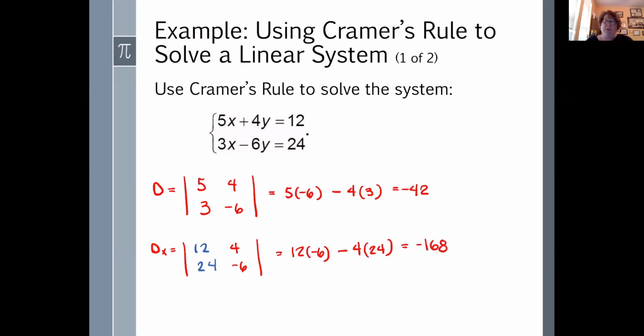The last determinant I'm going to find is d sub y. And d sub y is the determinant of the matrix formed by replacing my y column with my constants. So my first column will be 5, 3, the coefficients on the x's, but my second column is going to be my constants.